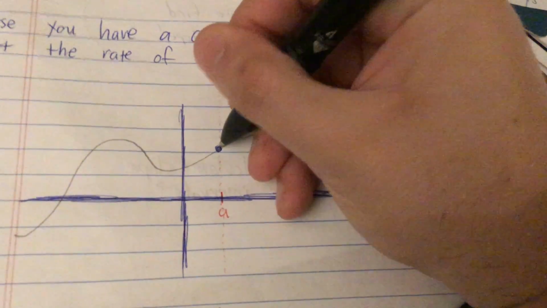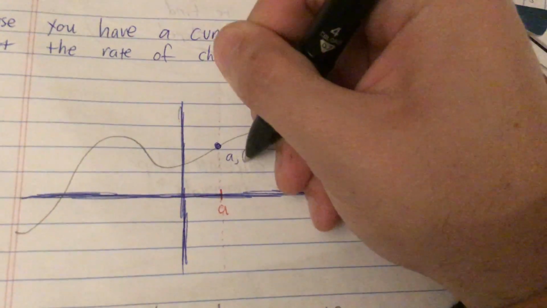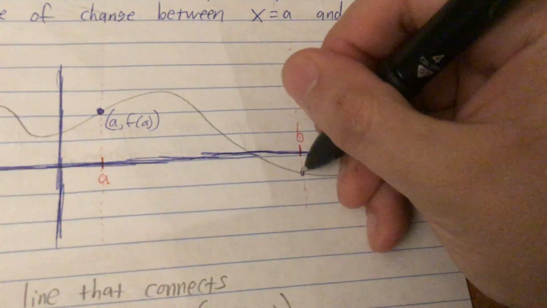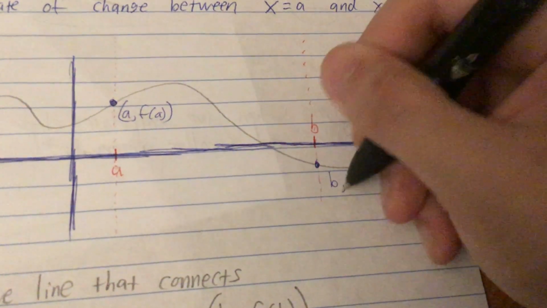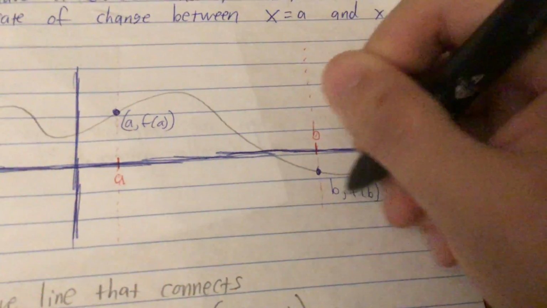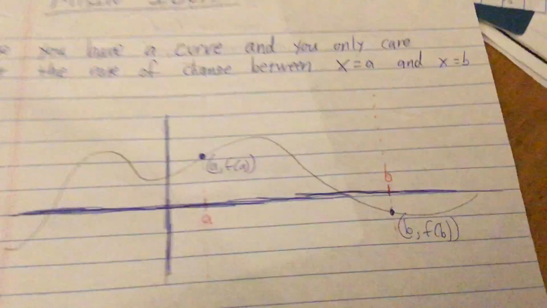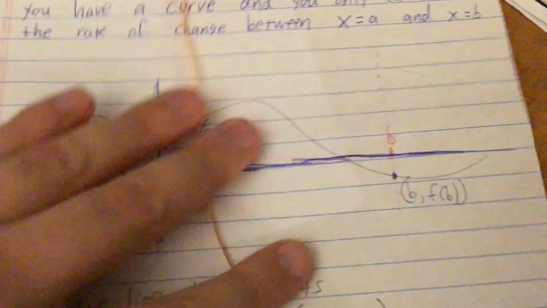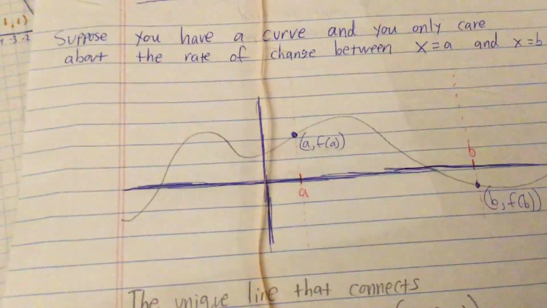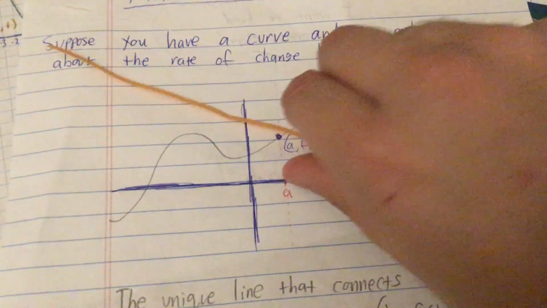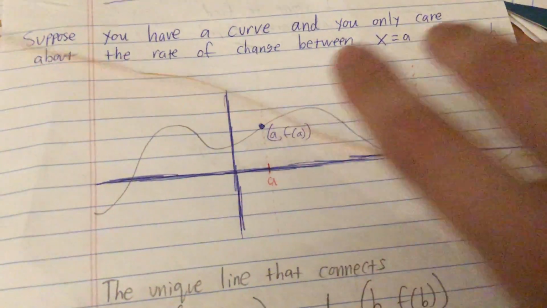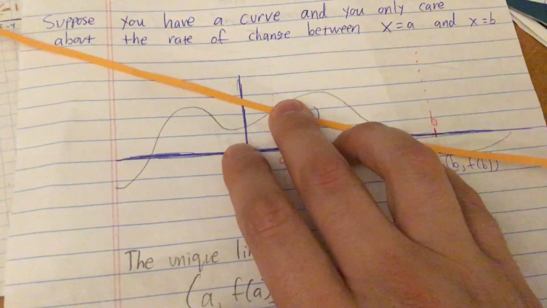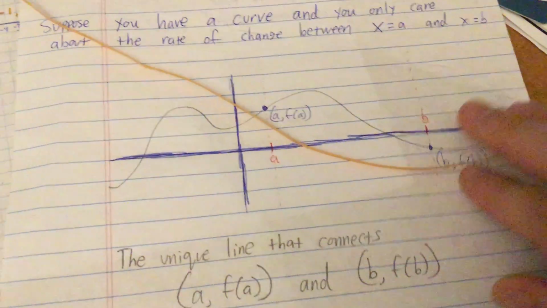So if I bound the curve at a comma f of a and b comma f of b, right? And I mean these like endpoints on a curve. And I want to calculate the average rate of change. We define this as the secant line between x equals a and x equals b.